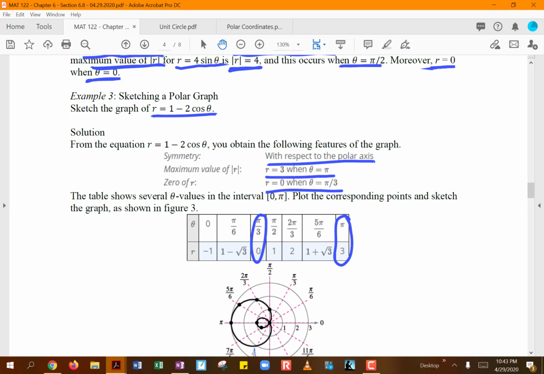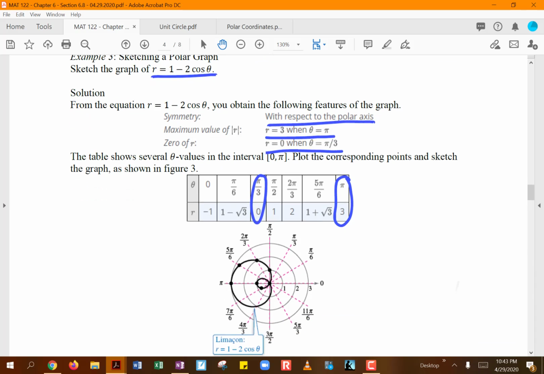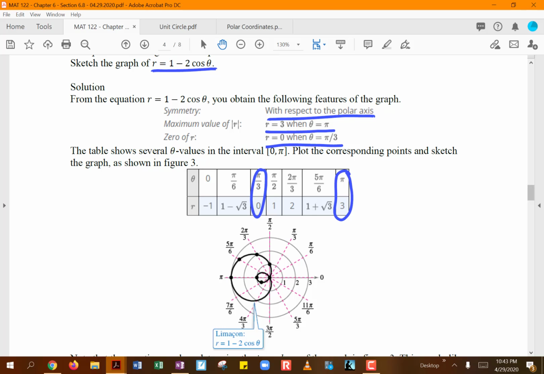So that way you have your maximum value, you have your 0, and so you will notice at the value of pi, this is where we have our maximum point, with pi as my angle and r value 3. And then you can see my 0 is happening at pi over 3, which is going to be this point actually right at the origin, as you see.